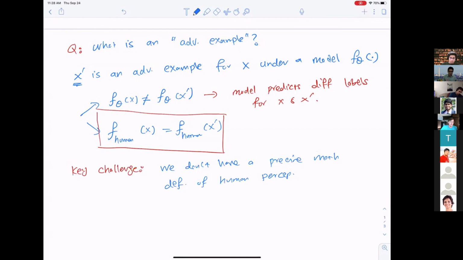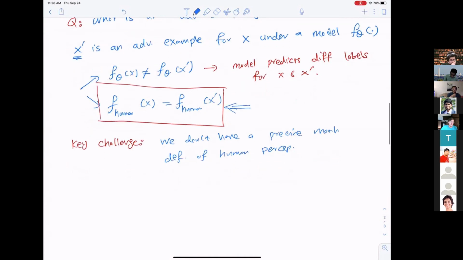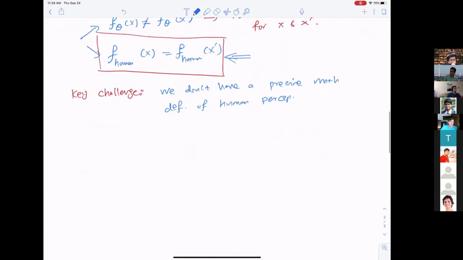But here we have a definition such that one of the constraints depends on human perception. We don't want the true label of X prime to be different from X from a human point of view. So that's one of the key challenges in adversarial robustness in general.